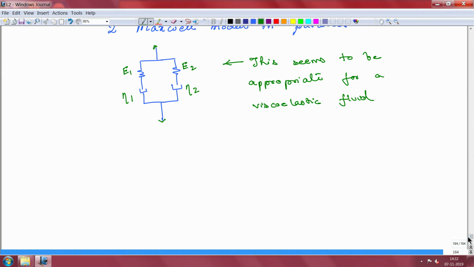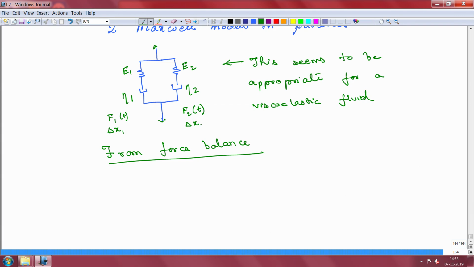Okay. So, now we have to figure out the correct constitutive relationship for this. Now, because they are in parallel, from force balance we can say, so let us say that the forces in them individually are F1 and delta x1, and here you have F2 and delta x2.